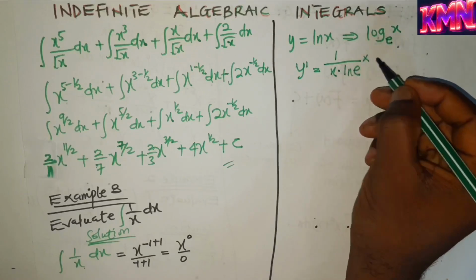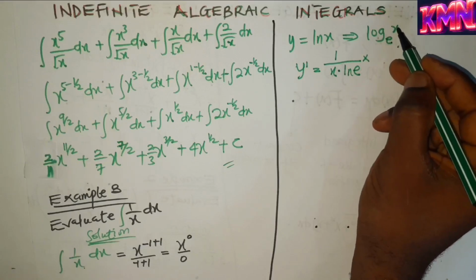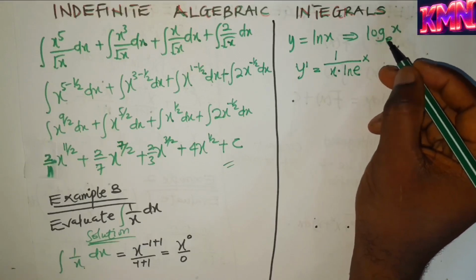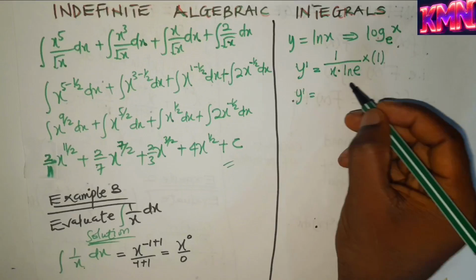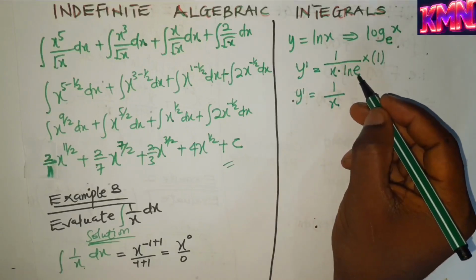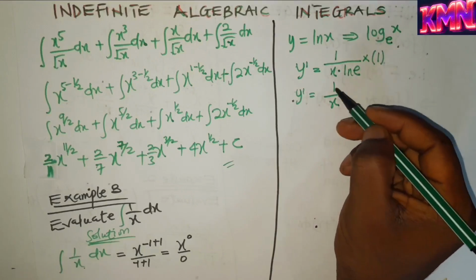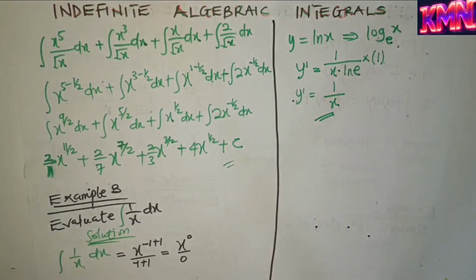Then you multiply the whole thing by the differential of the function inside, that is the differential of x, and that is 1. When we simplify that, we get 1 on x, ln e is 1, and 1 by 1 is the same thing, so hence y prime is equal to 1 on x.